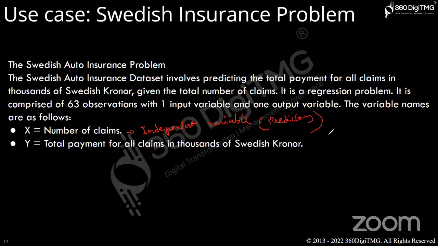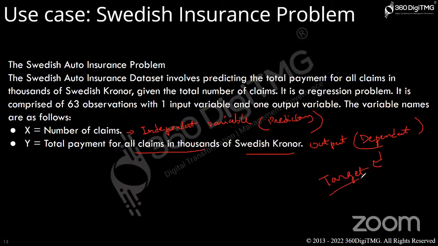And Y, which is the total payments of all claims in thousands of Swedish krona, is our output variable, or we can call this the dependent variable, or we can also call it the target variable. So this is our problem statement.